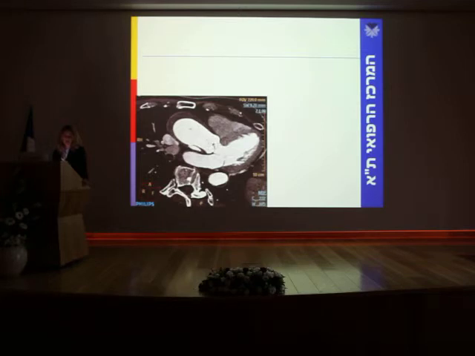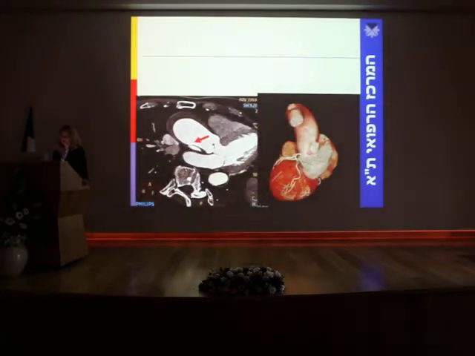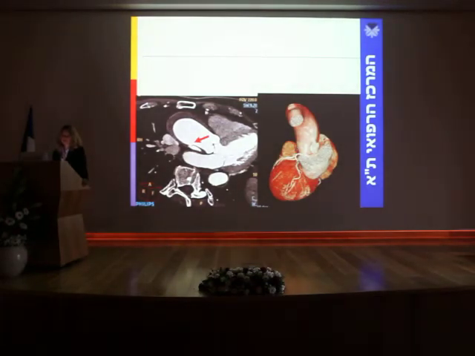And here you can see in this reformation how nicely we can see this tiny defect in the aortic intima in the ascending aorta causing intramural hematoma, while the coronary arteries were perfectly normal, and this data together was enough for going for surgery for intramural hematoma of the ascending aorta.